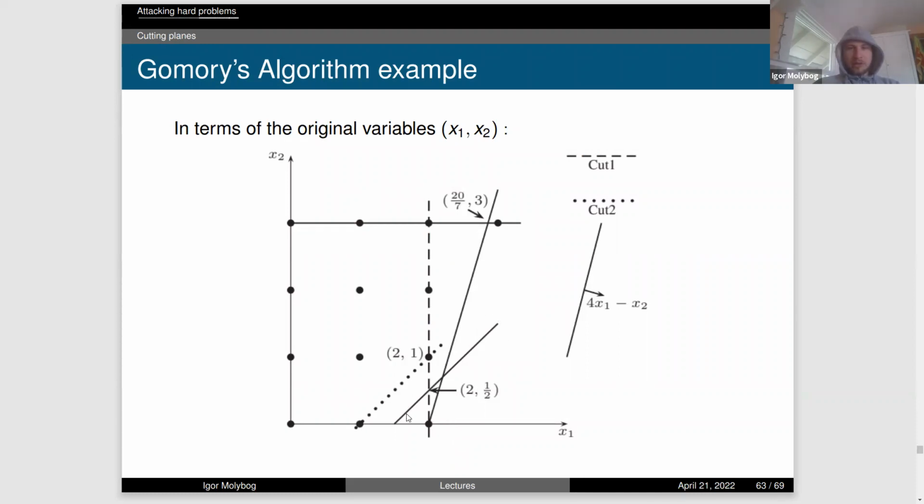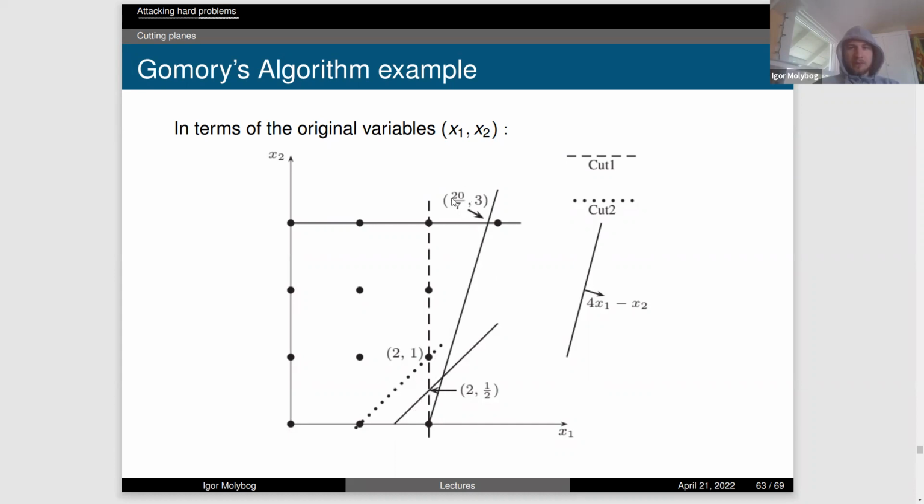The solid lines represent the original constraints, and here are the points that correspond to the optimal solutions that our LP relaxations have converged to.